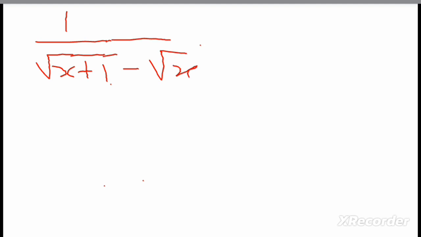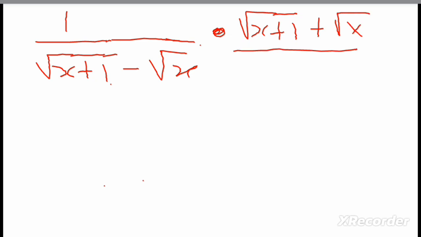Okay, so if they tell you to rationalize the denominator, we are going to multiply both the numerator and the denominator by the conjugate. So we said for the conjugate, where there is a negative here, it will be positive. So I've got root x plus 1, so it will be plus root x.